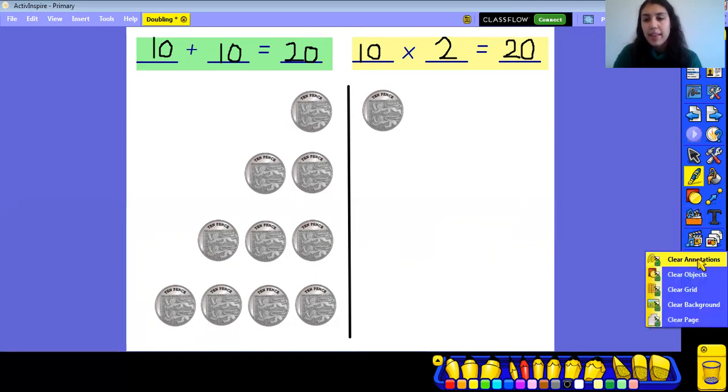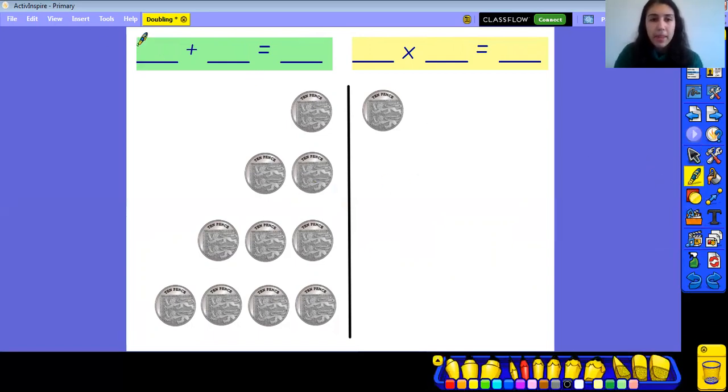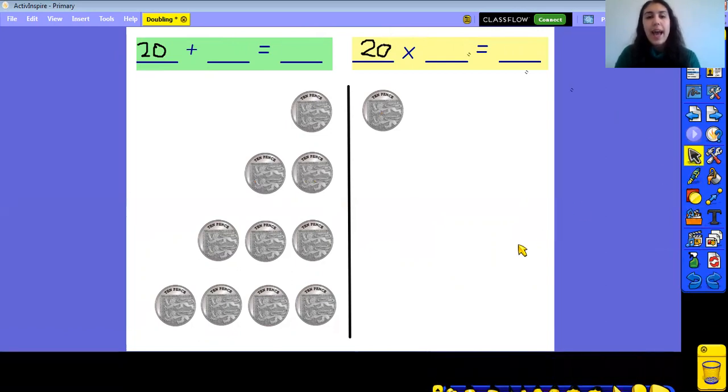Okay, let's clear that and have a look at the next one. This time I'm starting with 20. So I'm starting with 20 and I'm going to double 20. So how could I write doubling 20 as an addition? Excellent, well done. That means I'm adding the same addend here.